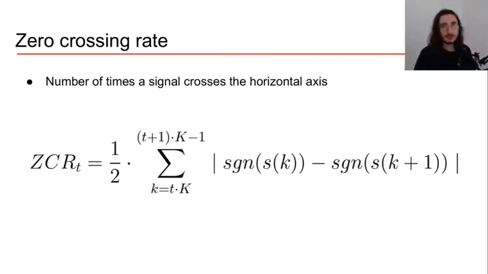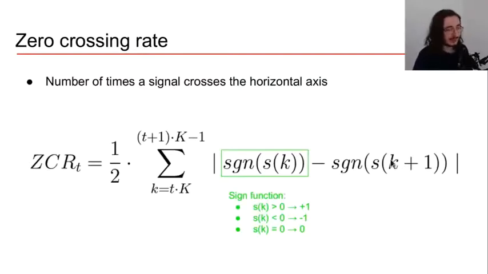First of all, we should familiarize ourselves with this sign function if you're not familiar with that already. Basically what the sign function, which is indicated by this SGN, does is give us back the sign of a given value.